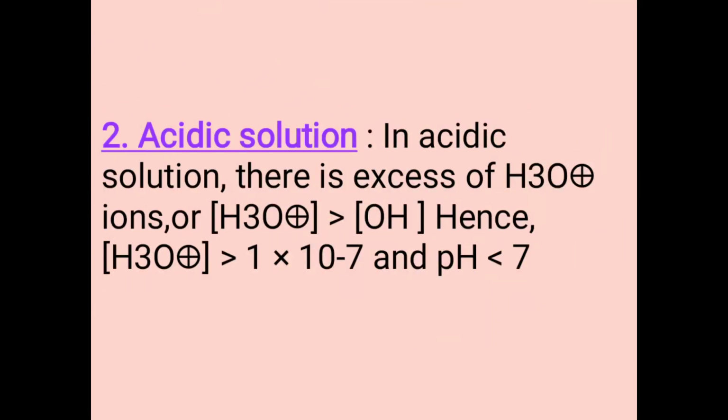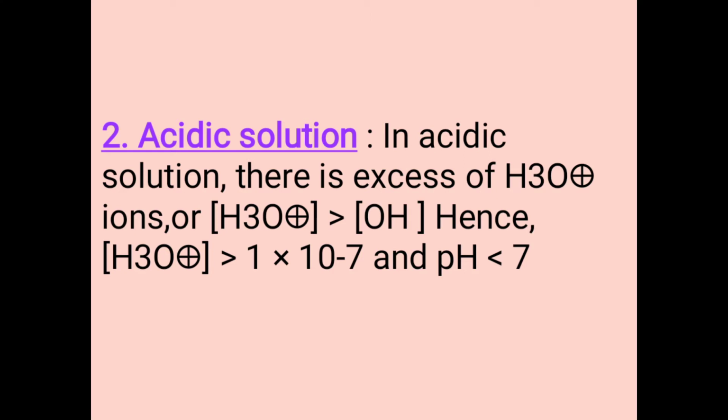Next is the acidic solution. So how do we find out the acidic solution according to the pH value? In an acidic solution there is an excess of H3O+ ion, means the concentration of H+ ion is higher than the OH- ion.